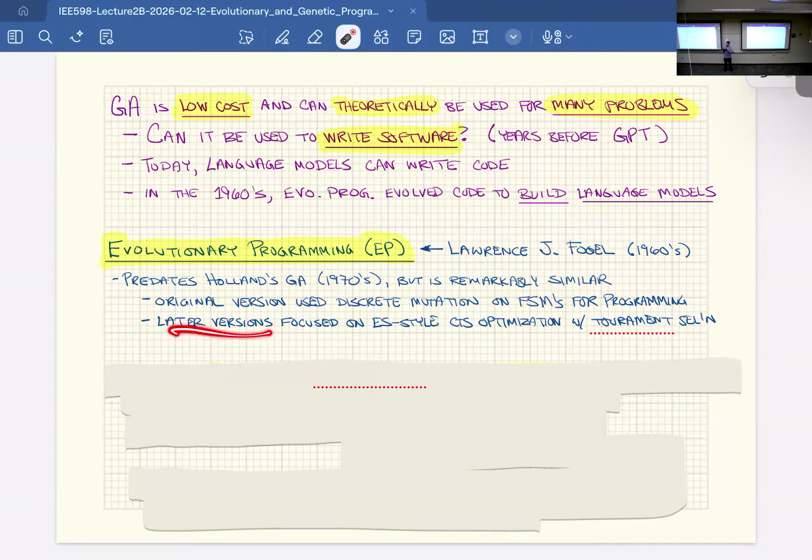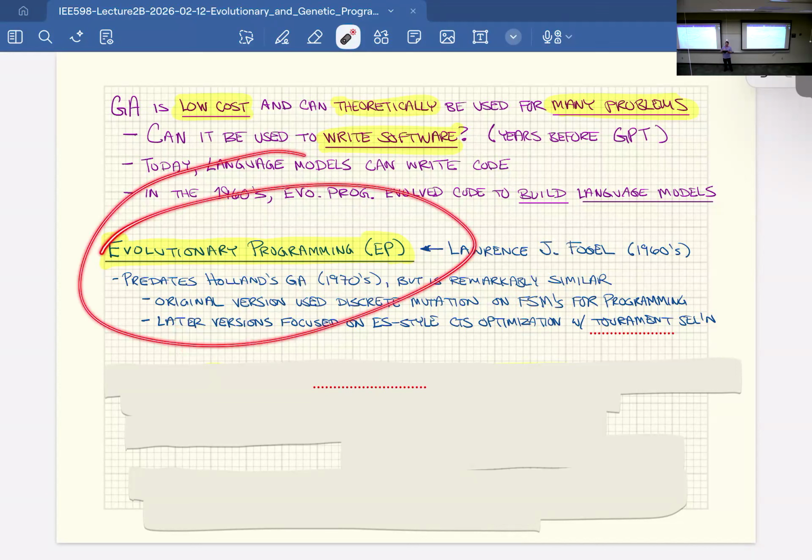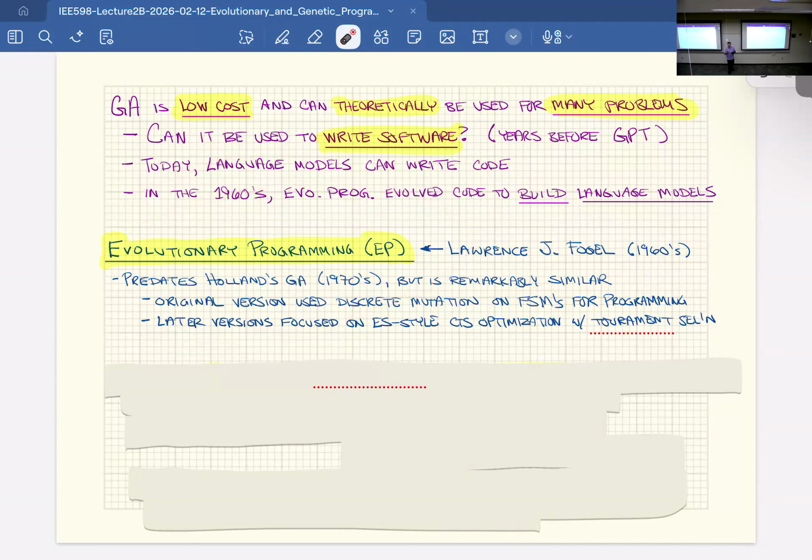Later versions, because we're going to see that evolutionary programming gets displaced by genetic programming, which was just much better at it. Interestingly enough, those who were working on evolutionary programming then turned evolutionary programming to optimization. And in the 90s, evolutionary programming became an optimizer that looked almost identical to evolution strategies, but using tournament selection.